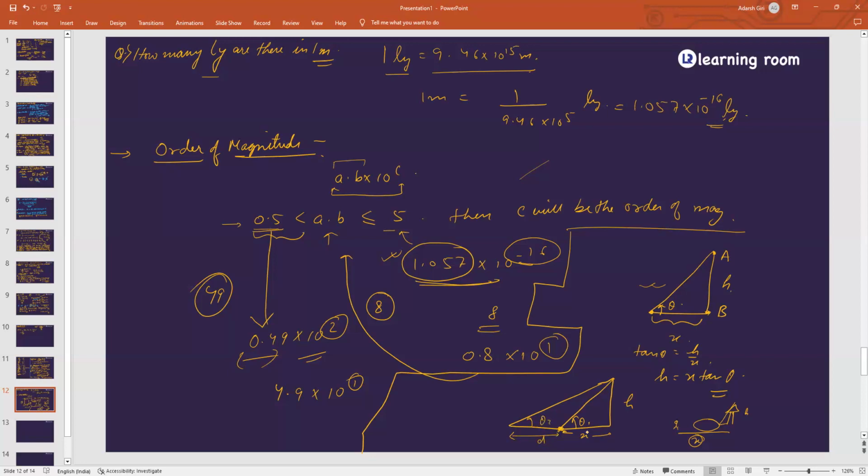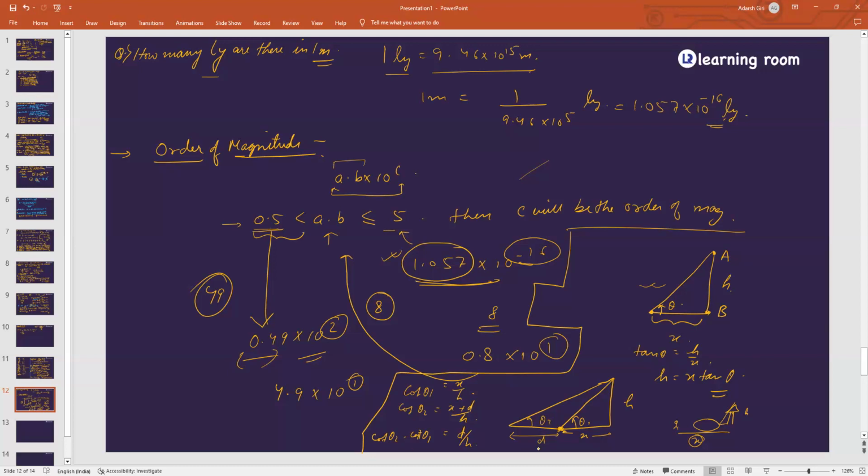So what can I write? Cot theta 1 is X upon H, and cot theta 2 is X plus D upon H, right? If you subtract, cot theta 2 minus cot theta 1, this X will get cancelled, right? You'll get D upon H. Understanding or not?